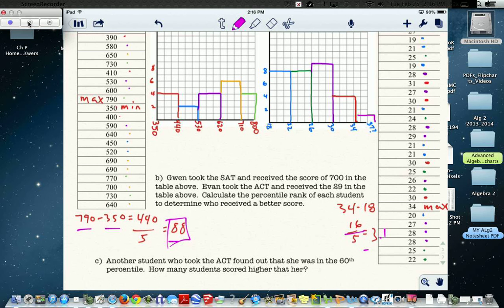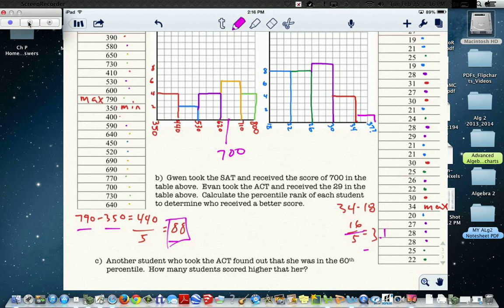So now what they ask us to do is Gwen took the ACT and received the score of 700 in the table above. Evan received the ACT, he had a 29. Calculate the percentile rank of each student to determine who received a better score. So we can take that 700, which would be about right here.